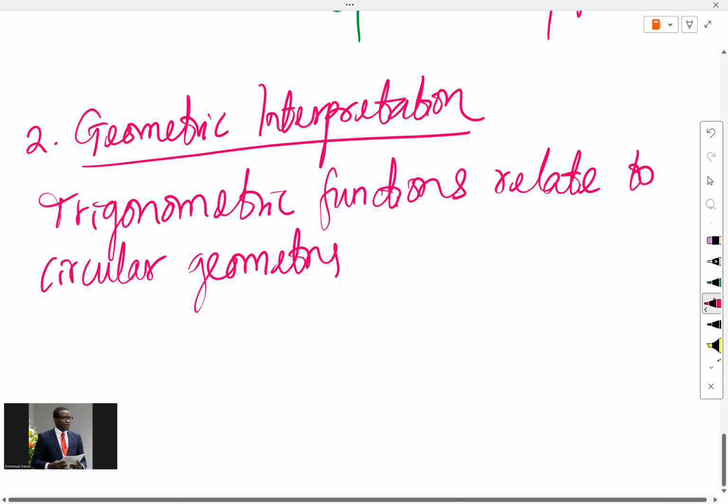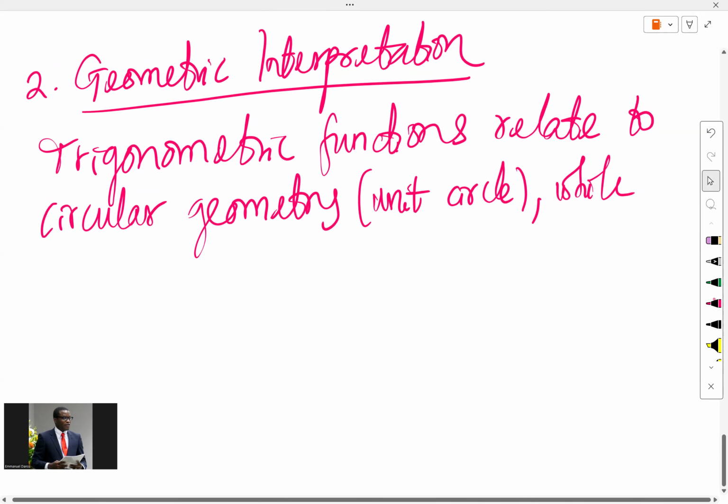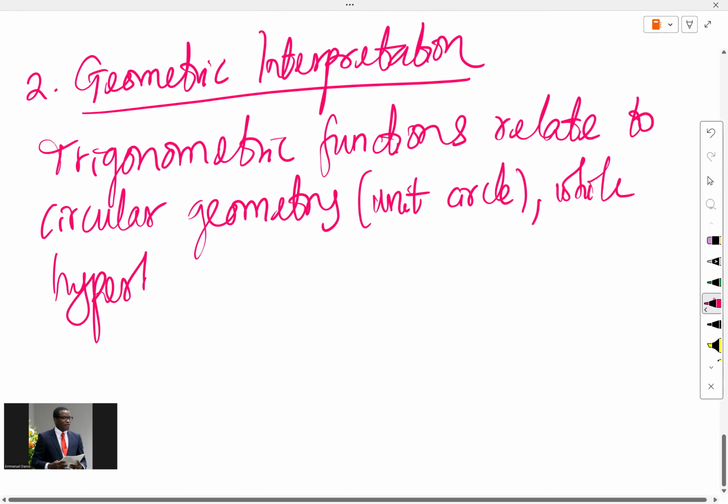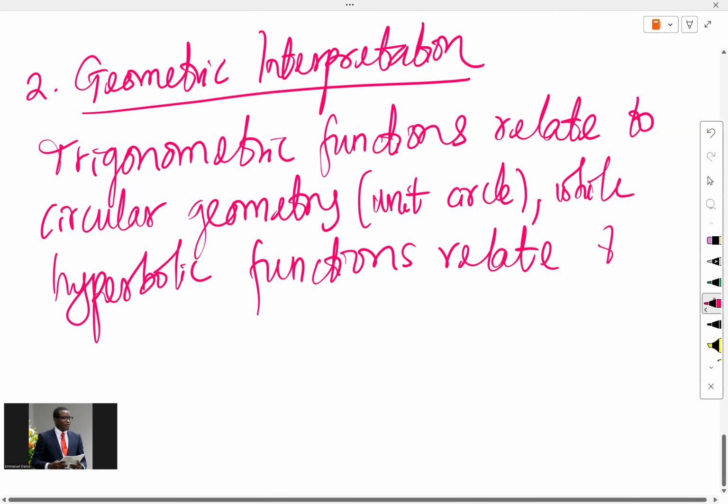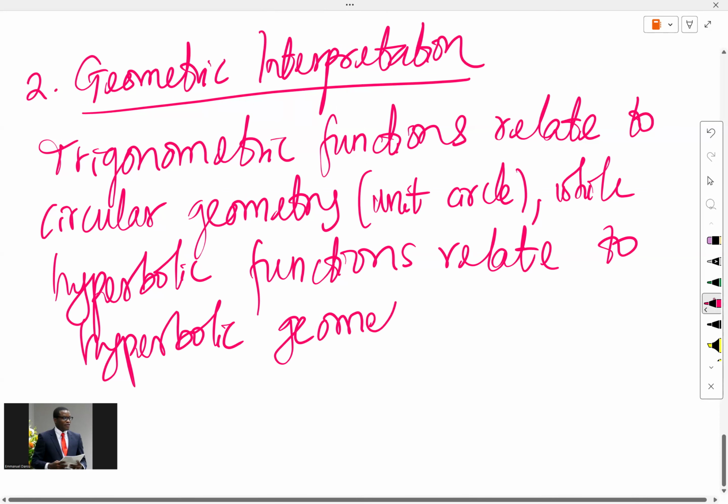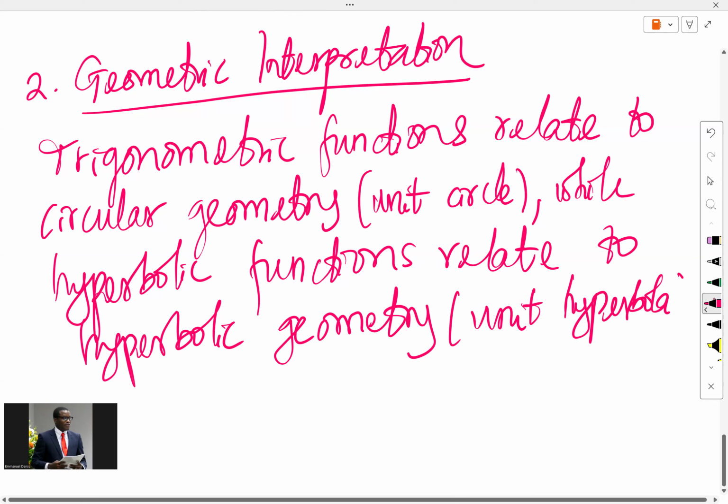Trigonometric functions have business with the circle, the unit circle. While hyperbolic functions relate to hyperbolic geometry. That is, they relate to the unit hyperbola.